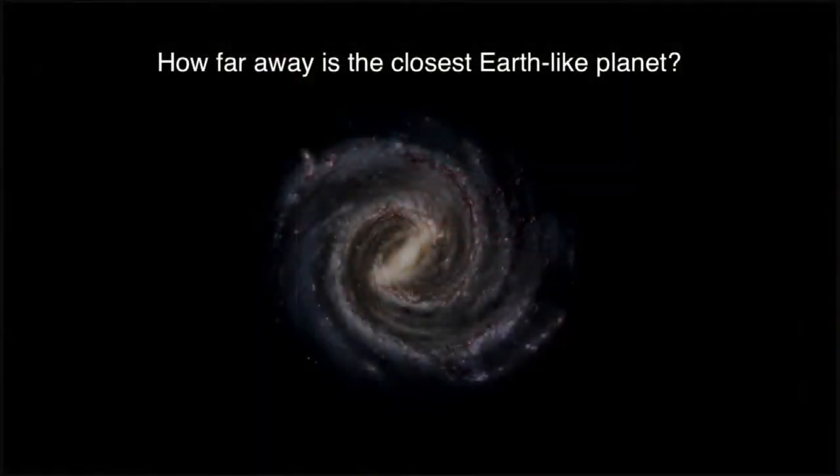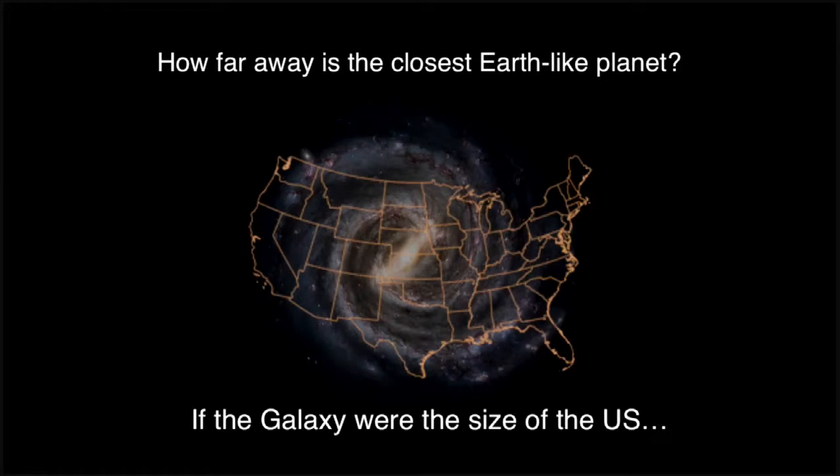So to make things a bit easier, I'm going to take the Milky Way galaxy and scale it down so that the distance across the galaxy is the same as the distance across the United States. Walking across the United States is still a very long journey, but it's something that's easier to think about than trying to walk across the galaxy.